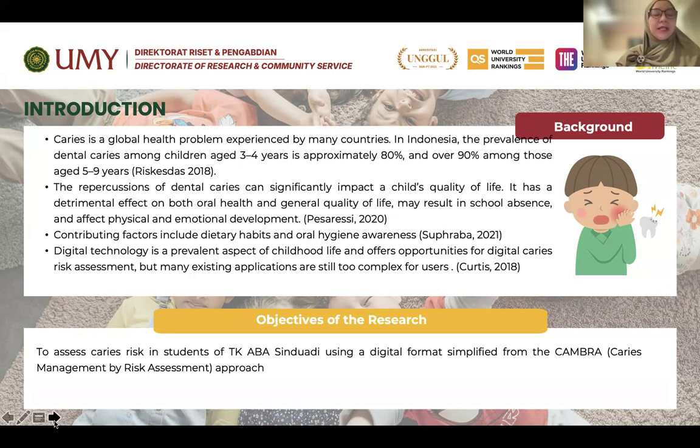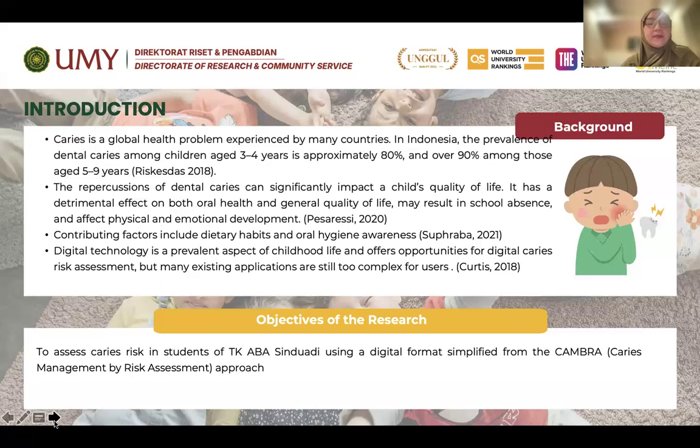And in Indonesia, the situation is even more critical. Based on the national survey in 2018, over 90% of children aged 3 to 4 years and 5 to 6 years are affected by dental caries. And this is a serious problem.